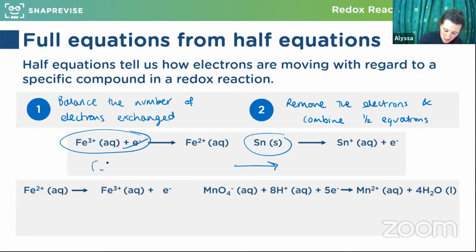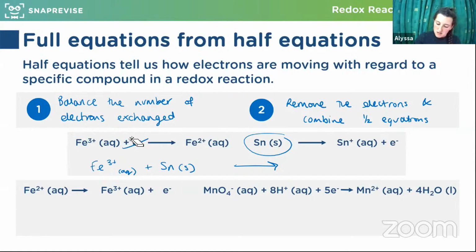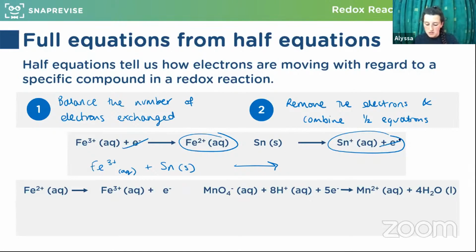So that means my iron, Fe3+ aqueous, plus, get rid of the electron, tin, Sn, goes to make my products, and again, without the electrons. So Fe2+, oops, I didn't write in my state symbol, aqueous, plus Sn, not even solid, Sn+ aqueous.